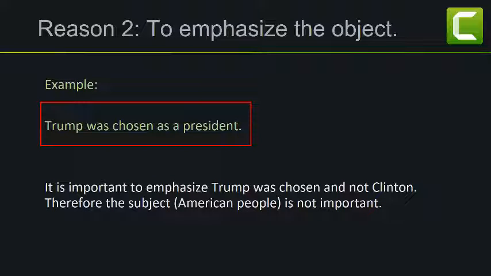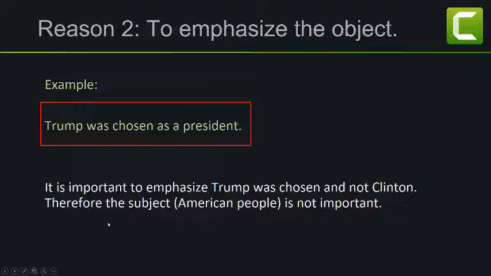The second reason is to emphasize the object. For example, Trump was chosen as the president. It is important to emphasize Trump was chosen, but not Clinton, for example. We emphasize here Trump.